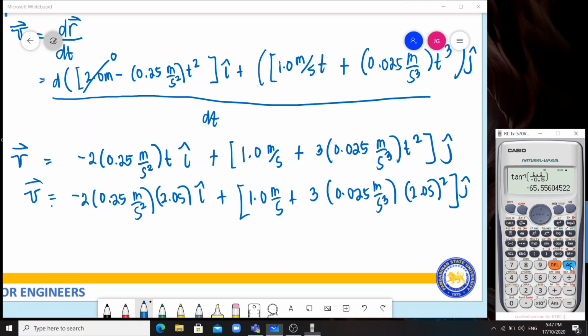So, let us compute: negative 2 times 0.25 times 2, here is negative 1.0 meter per second i, plus 1 plus 3 times 0.025 times 2 squared, that is 1.3 meter per second j.